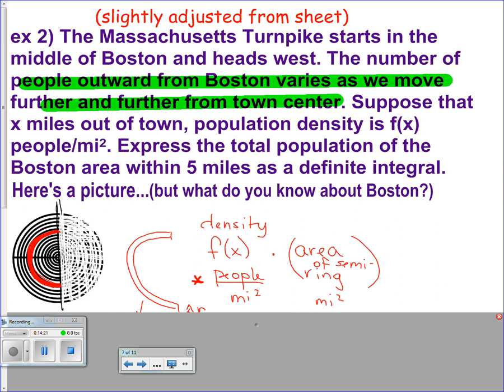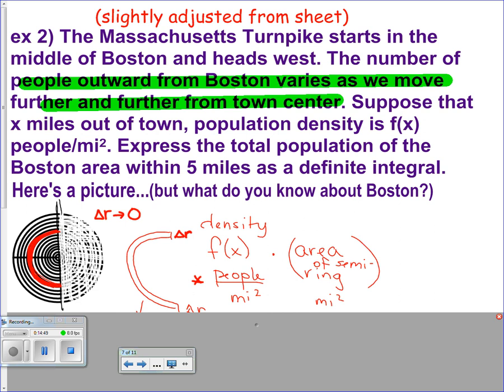Well, most of you probably said half of the difference in the areas of the circles, but really when you consider what's happening, you don't need that. The width of that semi-ring is delta r.